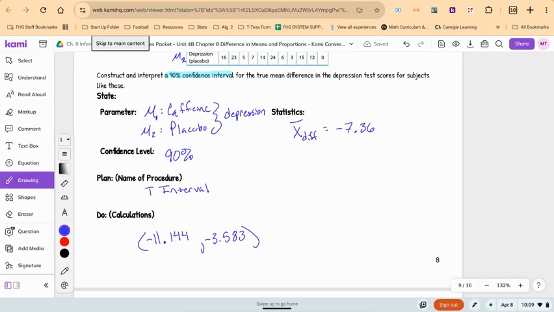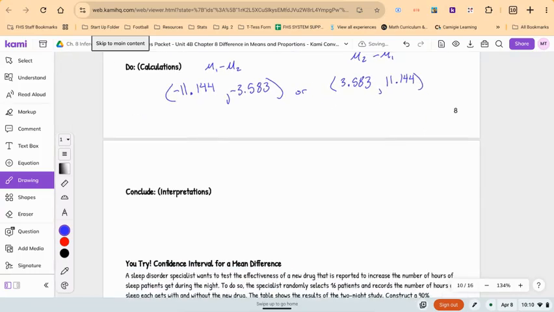Remember, that's what we got. This was essentially me subtracting mu1 minus mu2. Remember, there's another answer. If you were to find it the other way, say we did mu2 minus mu1, you would still be correct. These would just flip and change to the positive. And again, it doesn't matter which one you use.